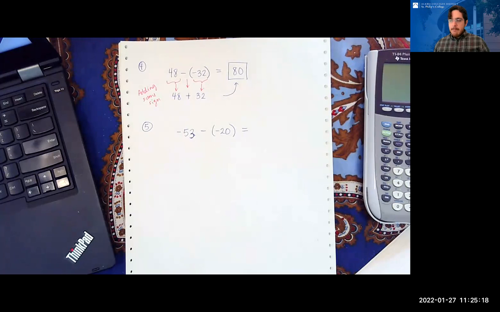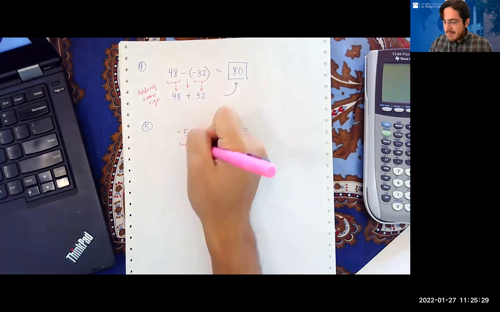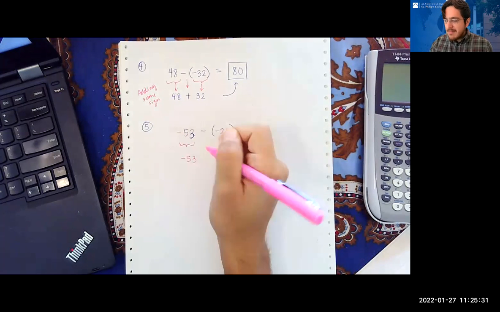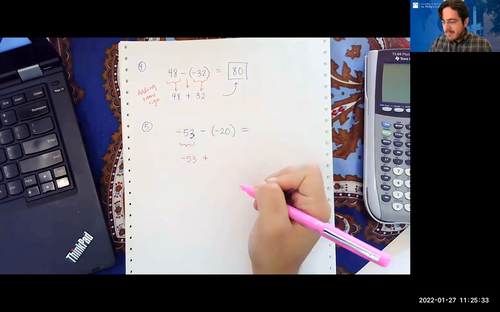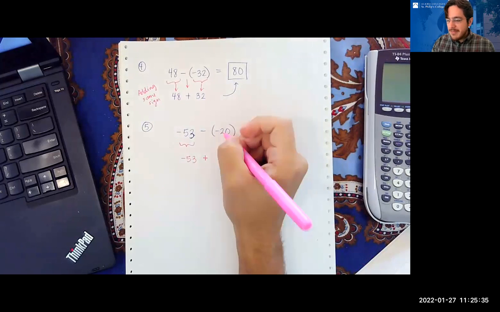Negative 33. Yeah, that's correct. Can you walk us through how you did that? So you keep negative 53 and you change the subtraction to addition, and then you change negative 20 to positive 20. And then where do you go from there?